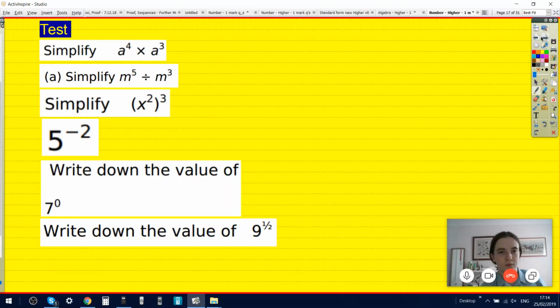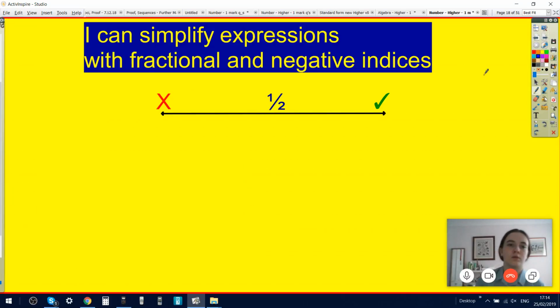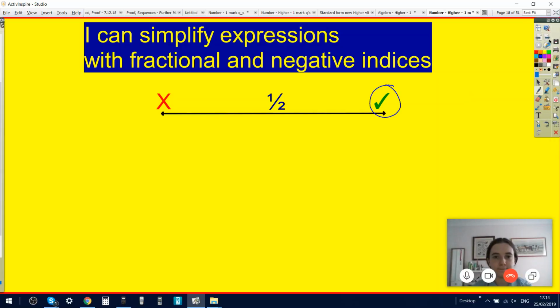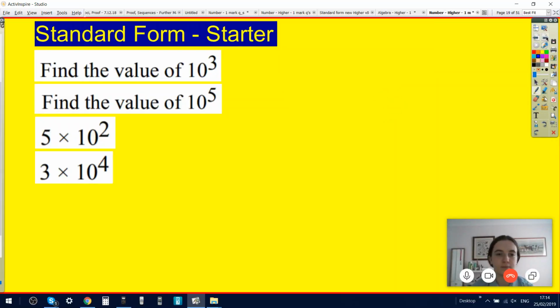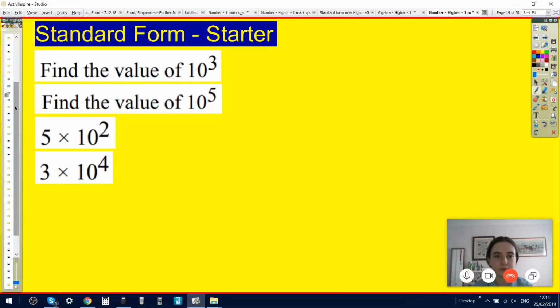And I don't think we need to do the test part. That's in indices. Tick. I need to rearrange this. I thought I did that. Okay, I understand it now. Okay, starter.